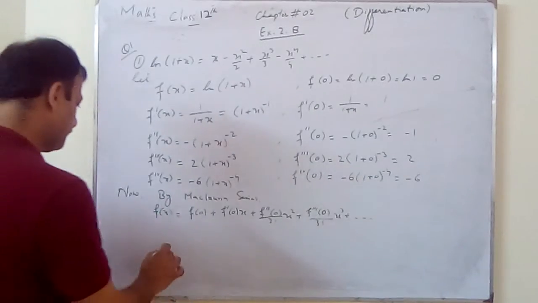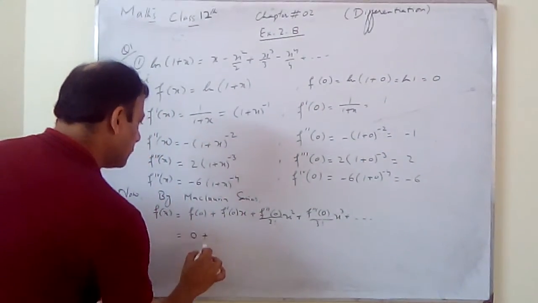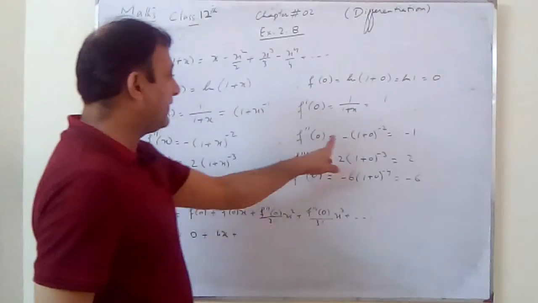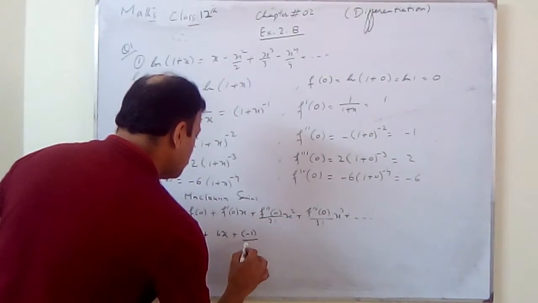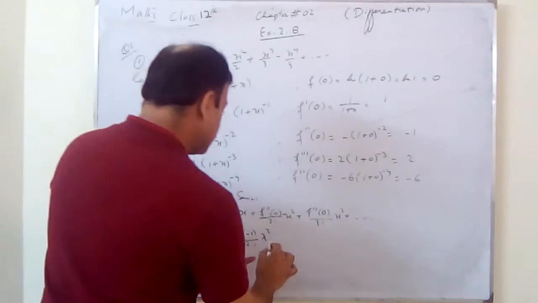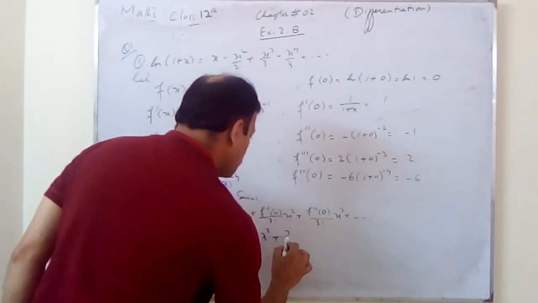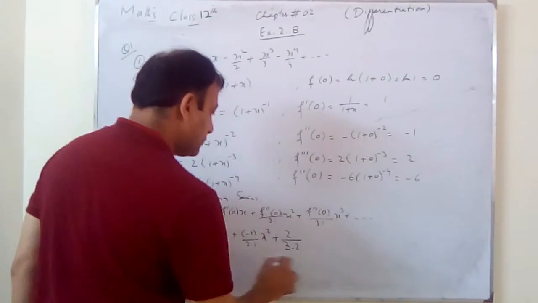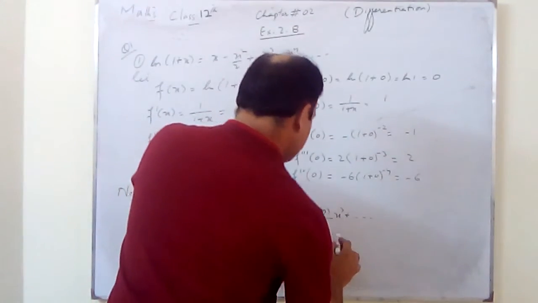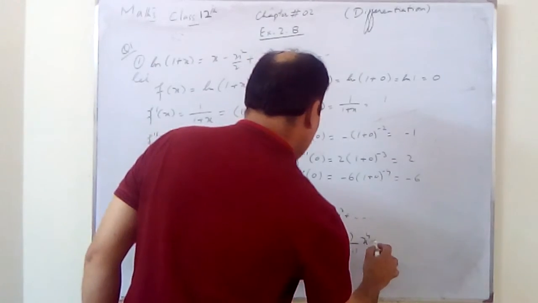So putting the values here: f of 0 is 0, first derivative value 1 into x, plus second derivative value minus 1 divided by 2 factorial, means 2 into 1, x square, plus third derivative f of 0 that is 2 divided by 3 into 2 into 1, x cube, plus fourth, minus 6 divided by 4 factorial, 4 3 2 1, into x power 4 and so on.